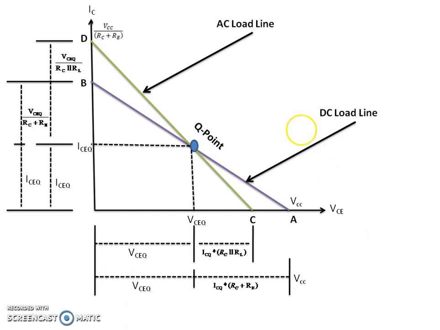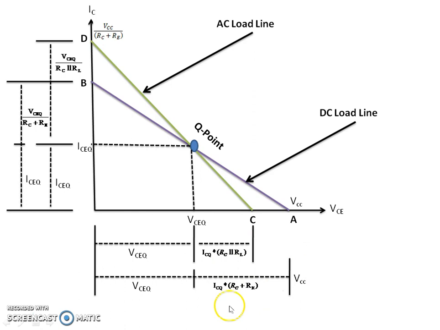For the AC load line and the DC load line, the DC load line has intersection points capital A and capital B. Capital A is evaluated exactly like VCC, but alternatively, if you don't know VCC and you have the VCEQ and ICQ components, you can still get the cutoff intersection point for the DC load line.